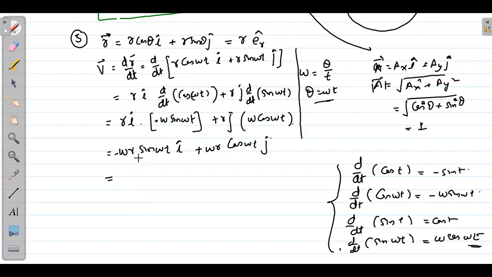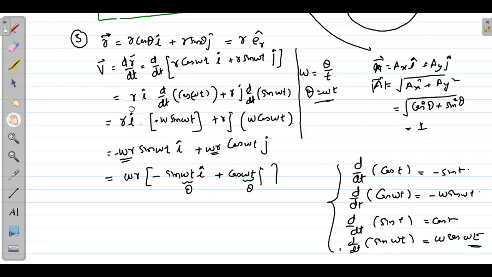The common term can be taken out. Omega r is common in both terms, so we take it out, and the remaining is minus sine omega t i plus cos omega t j, and omega t is actually theta. And we have discussed another unit vector, which was the e theta.